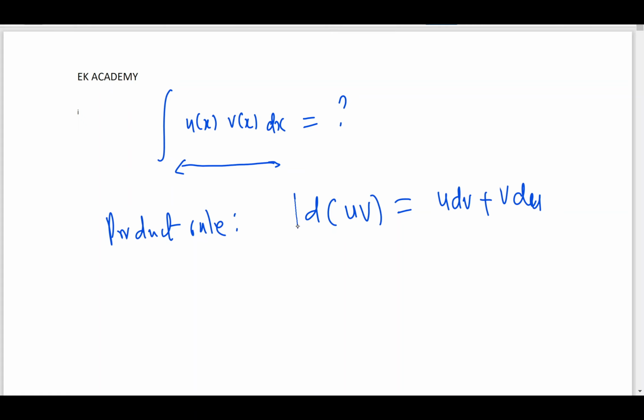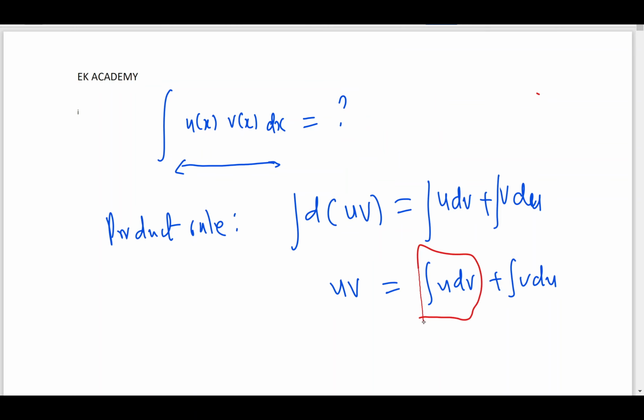If you integrate both sides, you get uv equals integral of u dv plus integral of v du. We arrange it in this form: the integral of u dv is uv minus the integral of v du.